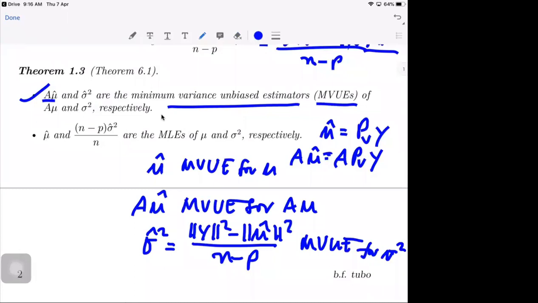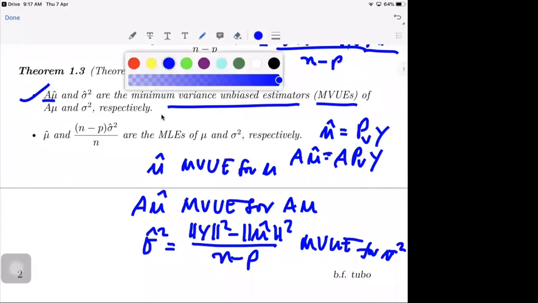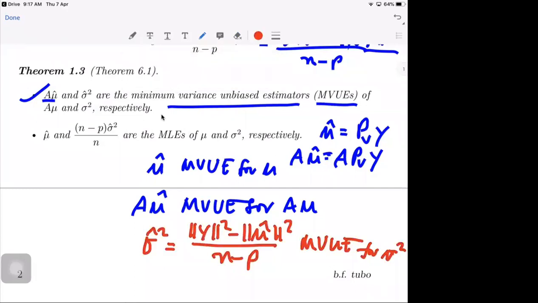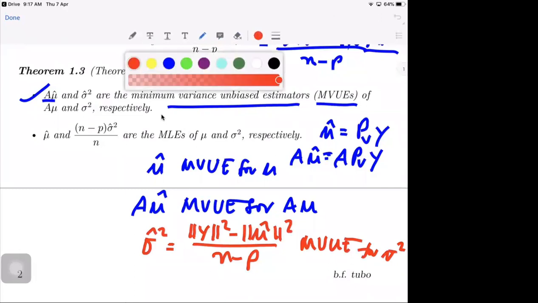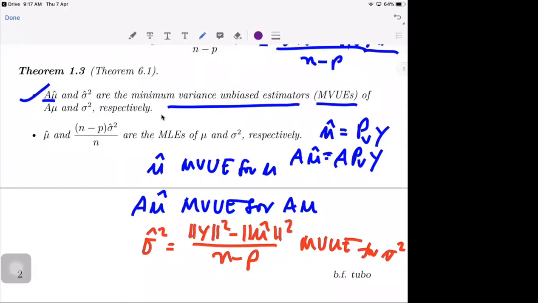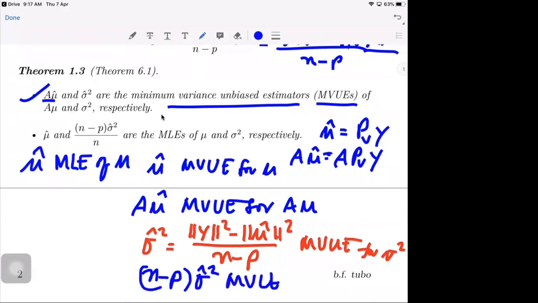And for the MLE, mu hat is MLE for mu. But for the MVUE, N minus P times sigma hat squared is MVUE for sigma squared. That is its MVUE.